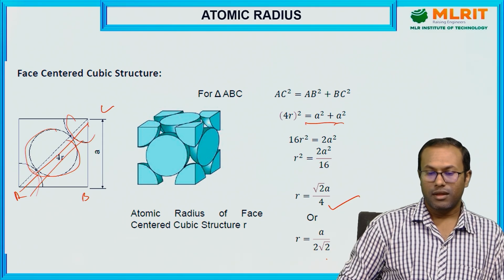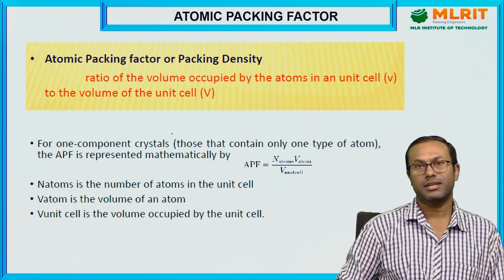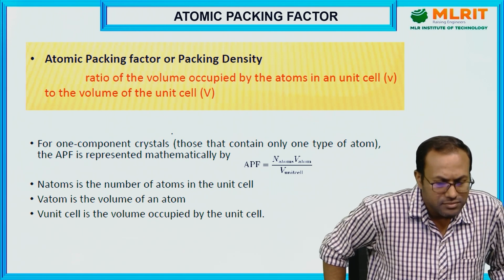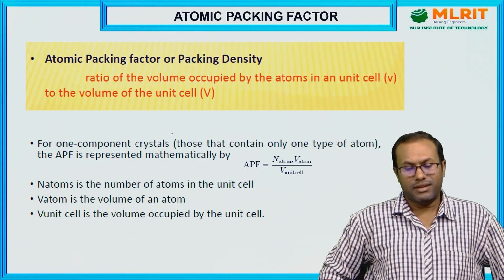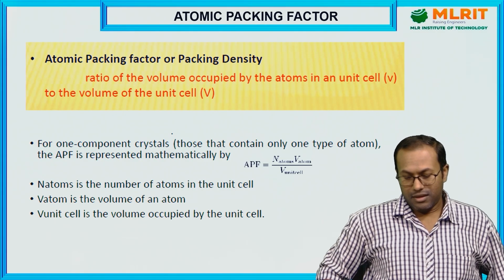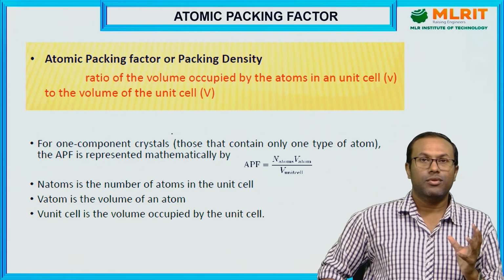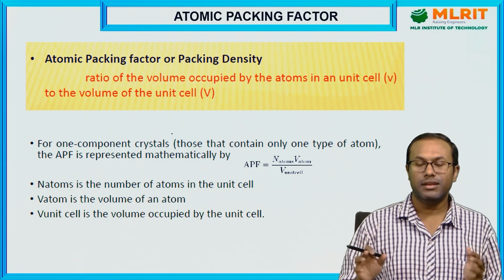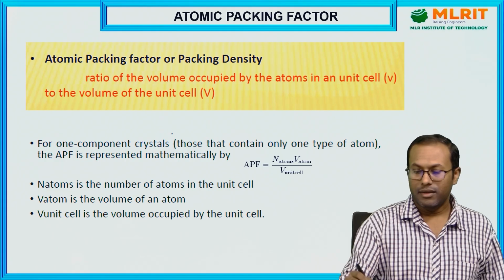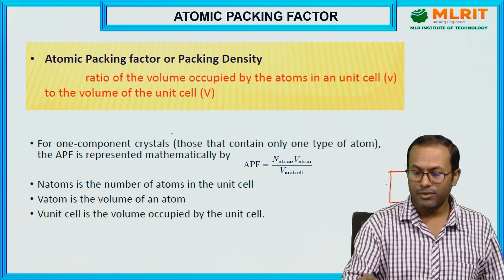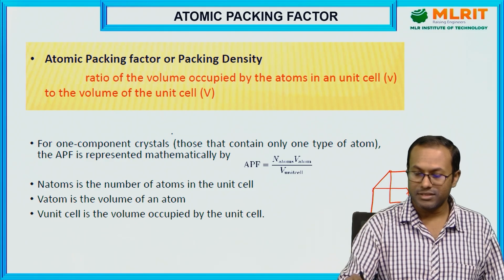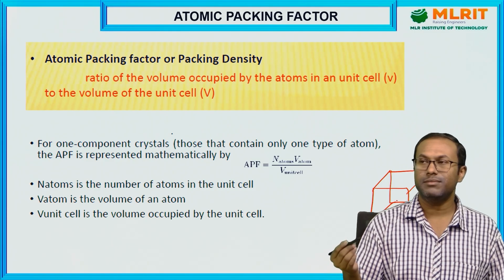Now, why do we determine this atomic radius? Because our next discussion is the packing fraction, the atomic packing factor or atomic packing fraction. What is the atomic packing factor? It is the volume occupied by the atoms in a unit cell divided by the volume of the entire unit cell. How many atoms are there in a unit cell depends upon the crystal structure, whether it is SC, BCC or FCC.